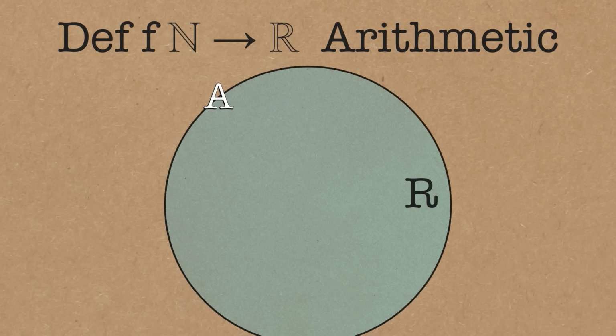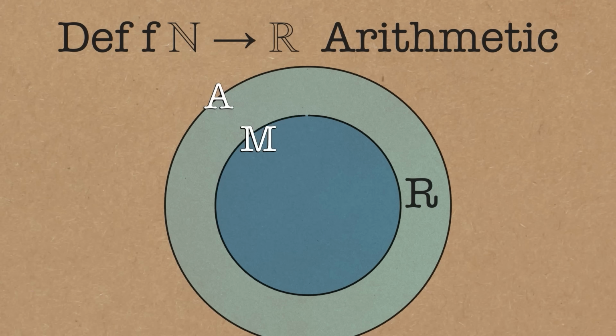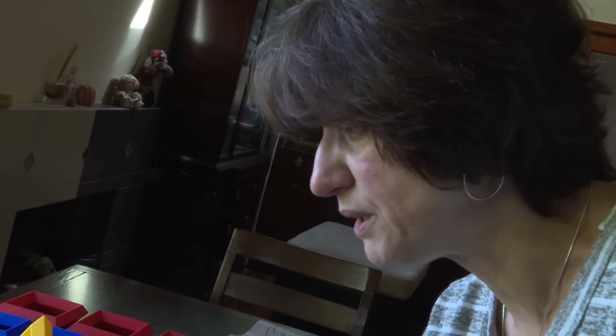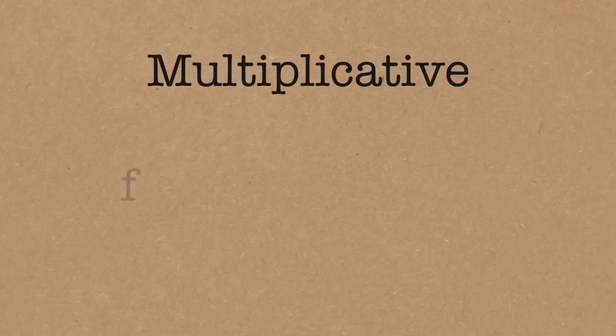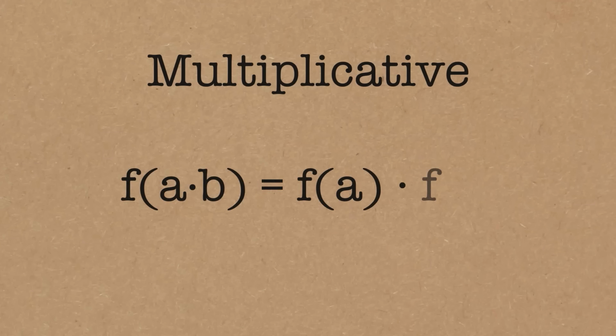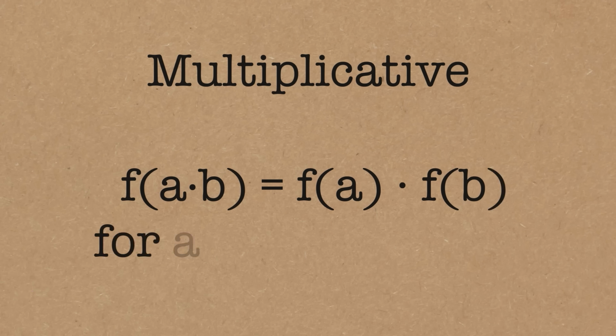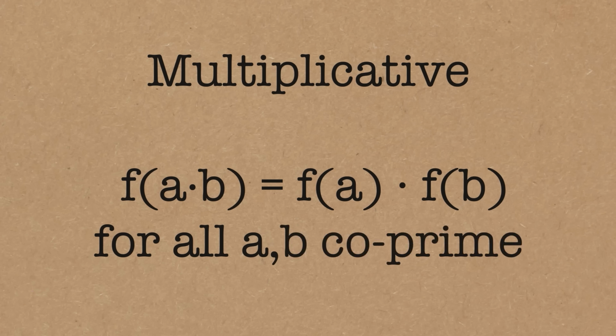Now, a more special type would be the set of so-called multiplicative functions. So, if in addition to being arithmetic, f satisfies the following property, f of a times b is equal to f of a times f of b, but I'm not yet done, for all a and b co-prime. What does it mean, co-prime? Relatively prime.